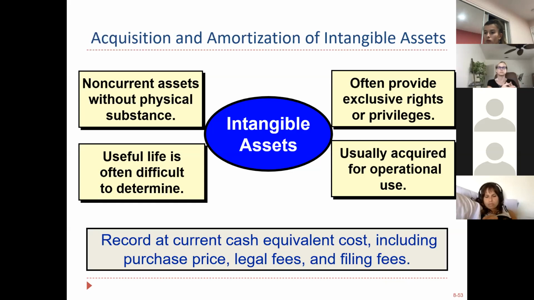They get a patent on it. They have a patent that's worth tons of money, and you can't even measure it. But that patent cannot go on their balance sheet, interestingly.